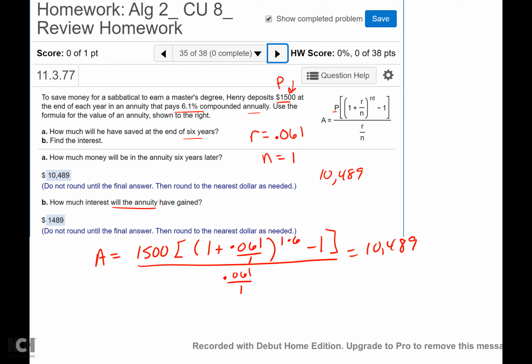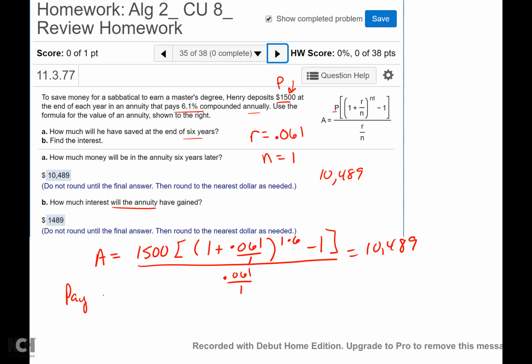Now, how much interest will the annuity have gained? In 6 years, how much is he going to pay?